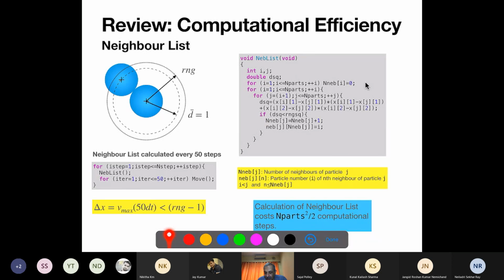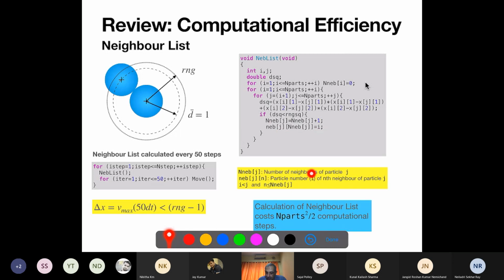So what we write is: n, the number of neighbors of j, is increased by 1, and the nneighbor of j is equal to i.